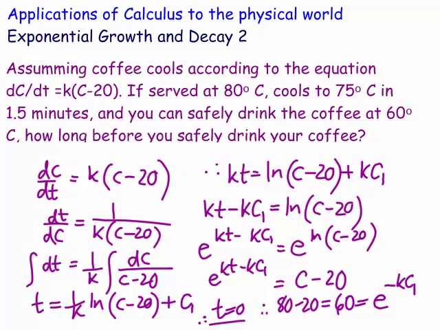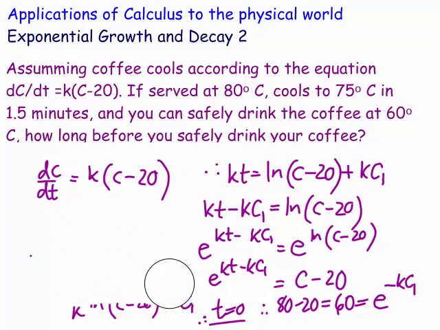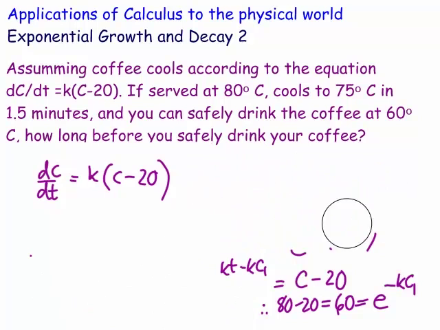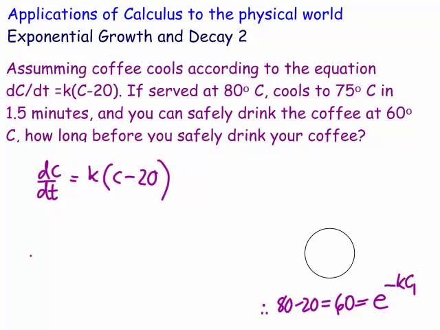Let's rewrite the solution. We'll rub out some of this. We've got that e to the minus kc1 is 60.